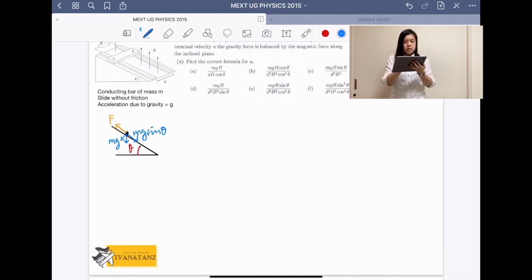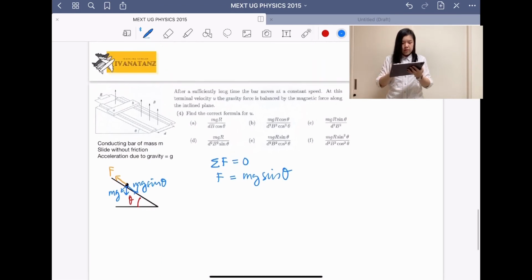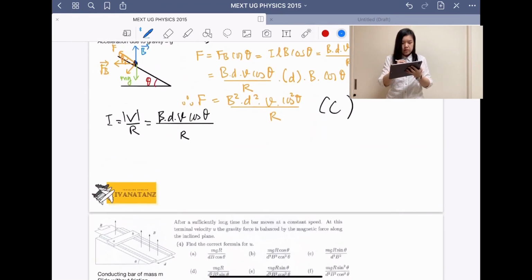When the velocity is equal to u, terminal velocity, gravity force is balanced by the magnetic force. So it is just saying that sigma F is 0. That's why the velocity reaches the terminal velocity where there is no acceleration anymore. At this time, F is equal to mg sine theta. We already calculated that F is this.